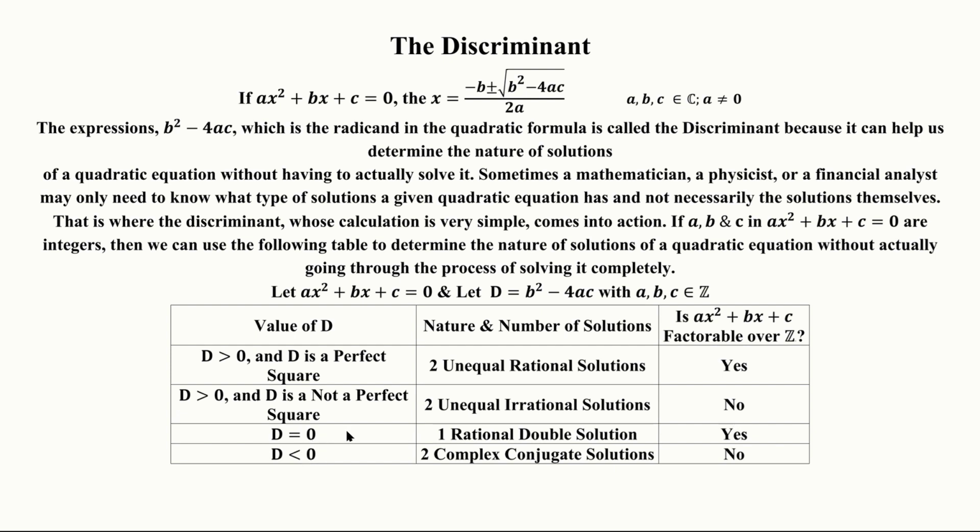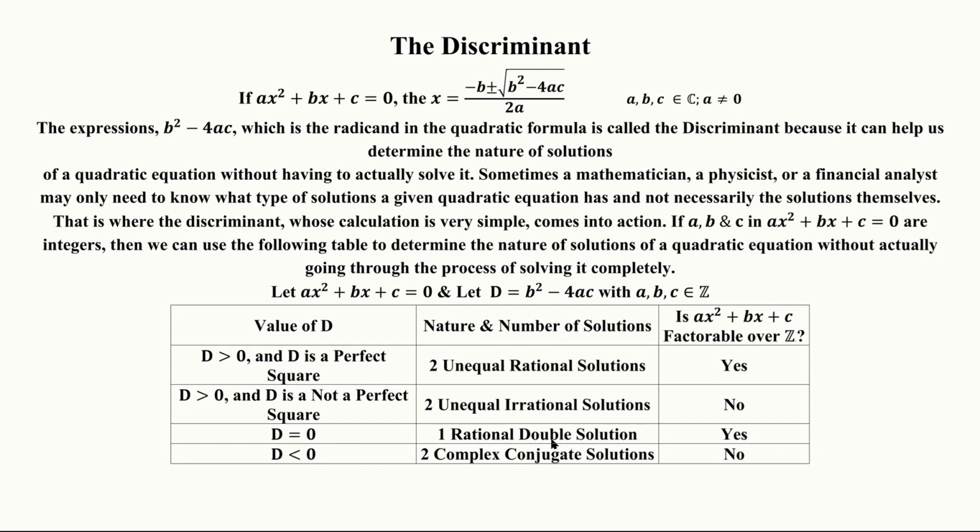The other scenario is if d is 0, right? If d is 0, that means this part is gone. So you just get negative b over 2a as the only solution. So you get one rational solution, because it appears twice, one from the plus case, one from the minus case, but it's the same solution. We say it's one rational double solution.